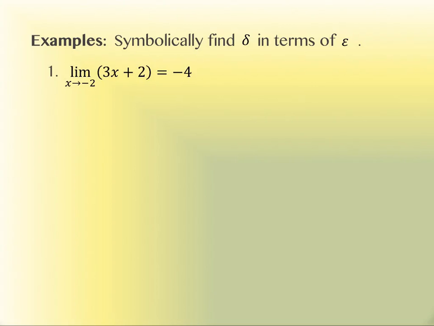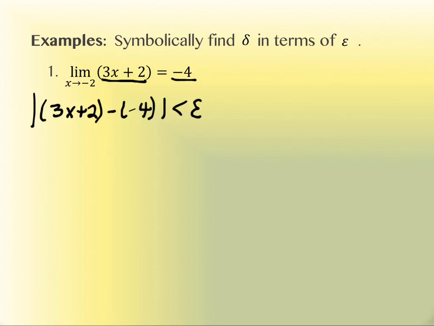First of all, it's probably a good idea to make sure that the limit value is right. Is it? Yes, it is right. So if we put the number -2 in, we do get -4. Everybody good so far? All right, great. So as we set up the problem, we need to set it up so that this value minus the limit value is less than epsilon.